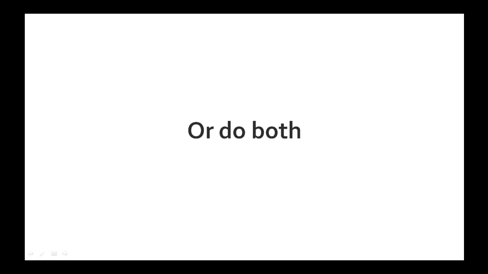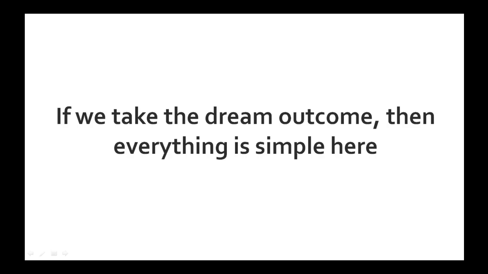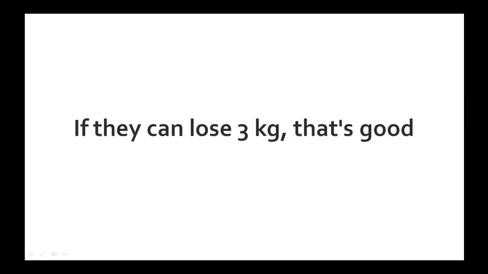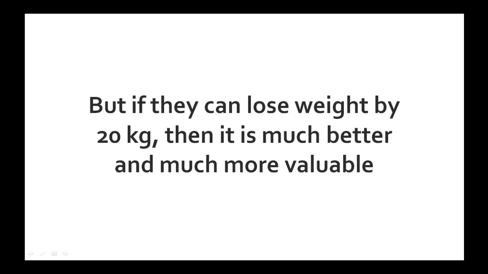Or do both. If we take the dream outcome, then everything is simple here. The more result you can give your customers with your product, the better. If they can lose 3 kilograms, that's good. But if they can lose weight by 20 kilograms, then it is much better and much more valuable.